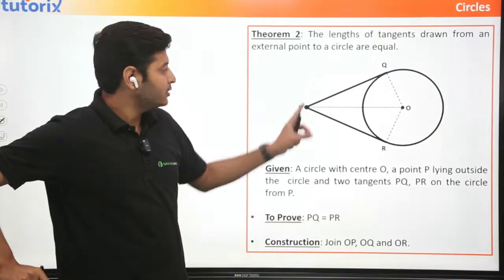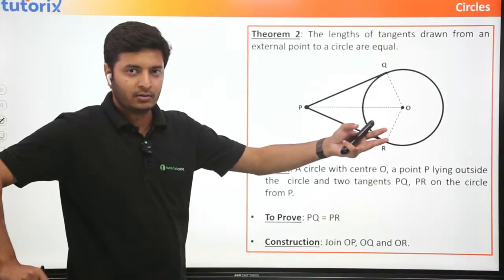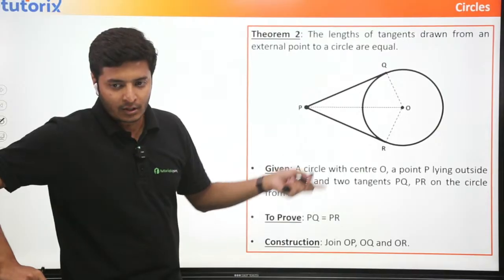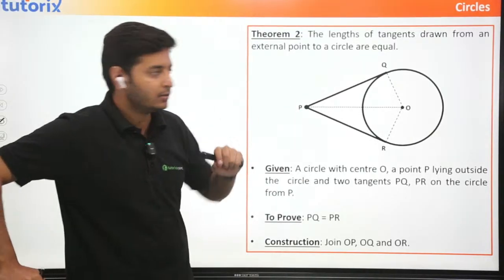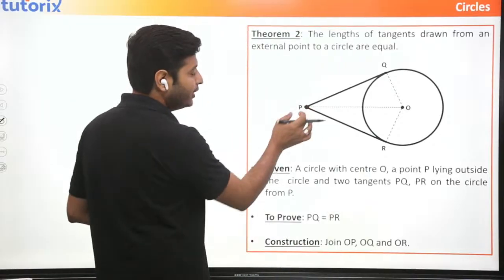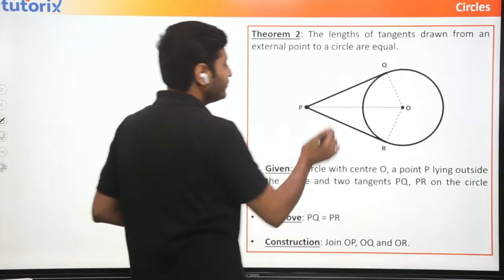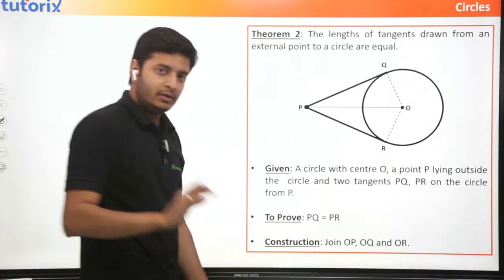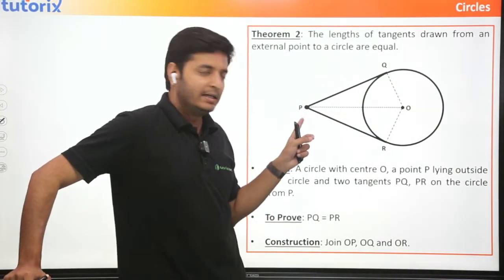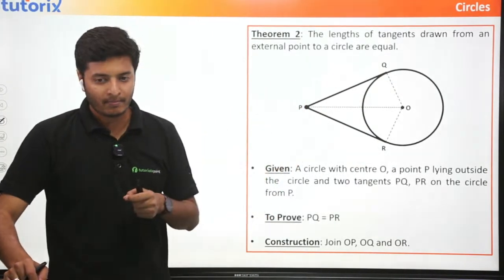In this case, the point is outside of the circle, not lying inside, not at the boundary, but outside of the circle. So this is my circle with center point O, and this is point P lying somewhere outside. I can draw 2 tangents. We understood this concept. We can only draw 2 tangents from any point which is lying outside the circle.